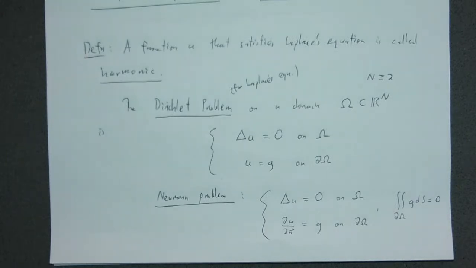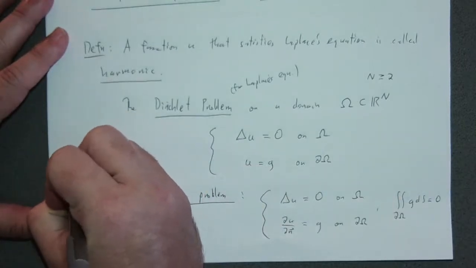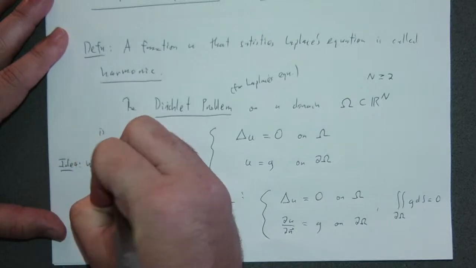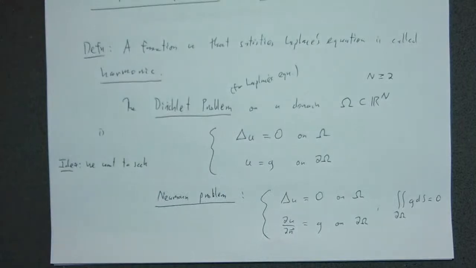So then what is the idea here? The idea is we want to seek, the textbook calls them designer harmonic functions in some domain that have the prescribed boundary values, or whose normal derivative has the prescribed value.